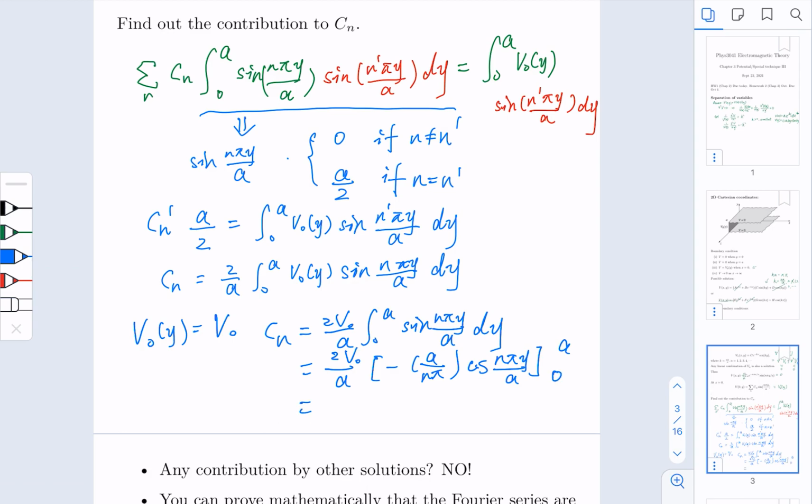If you finish this integration at home, you will realize that the Cn is actually 0 if n is even, and it's 4 V naught over n pi if n is odd.